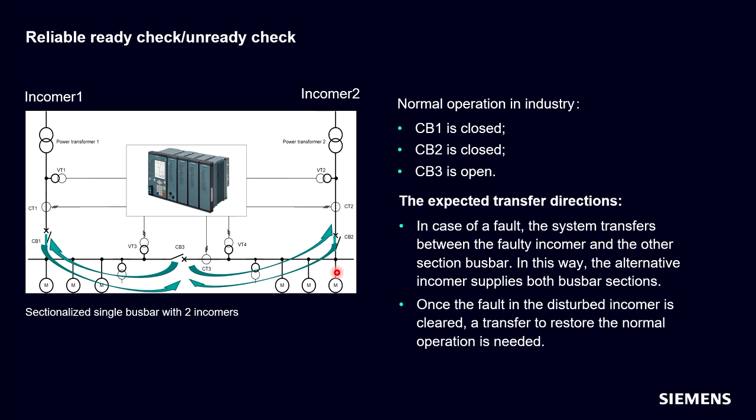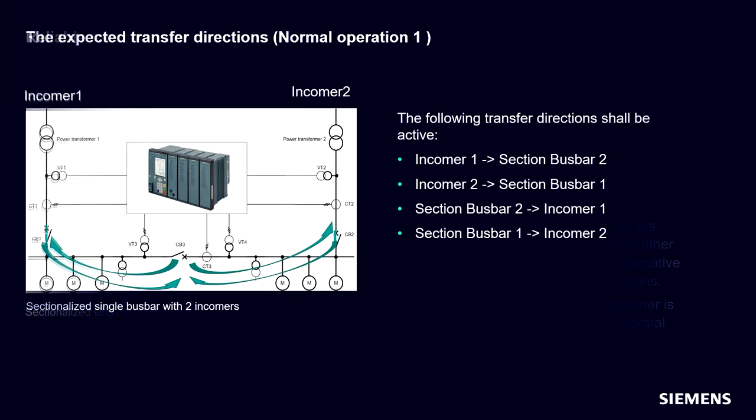If we have a fault, we want to transfer the motor load from busbar 1 to busbar 2, for example. And afterwards, if the fault is cleared, we want to switch back to the normal operation. Therefore, we have to define the different transfer directions.